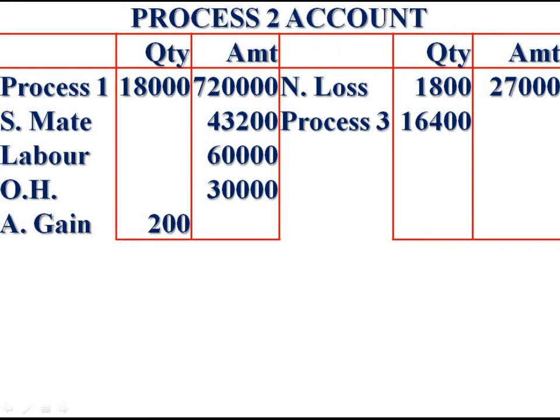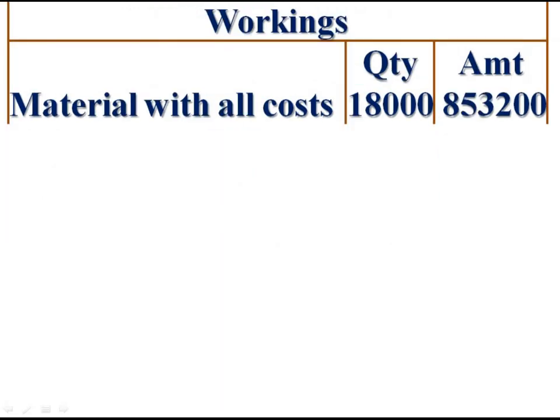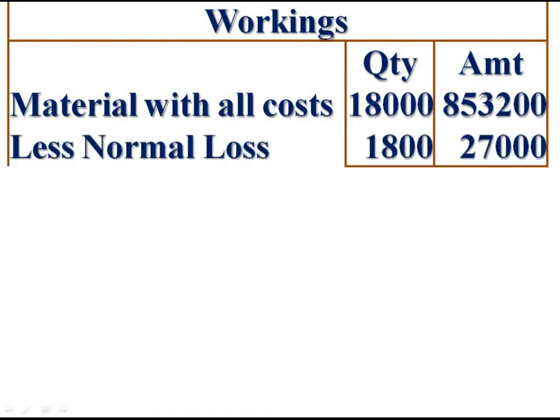Now we are entering into workings for the valuation of output and abnormal gain. Workings in 2 columns. Materials with all cost 18,000. Debit side total 8,53,200. It is the total of transfer from process 1, sundry materials, labor and overhead. The total amount in the debit side 8,53,200. Deduct normal loss 1,800, its scrap value 27,000.